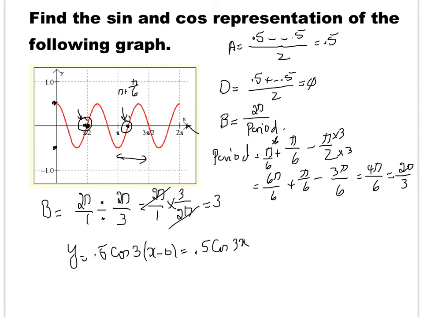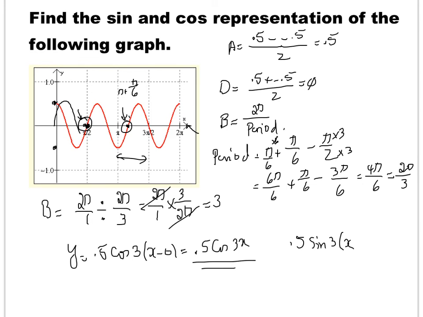Now, you may say, okay, how can I express it in terms of sine? We just found out on the board that if I express this one exactly like a sine function, I'm going to get 0.5 sine 3x, 3 times x, but your sine starts at 0.